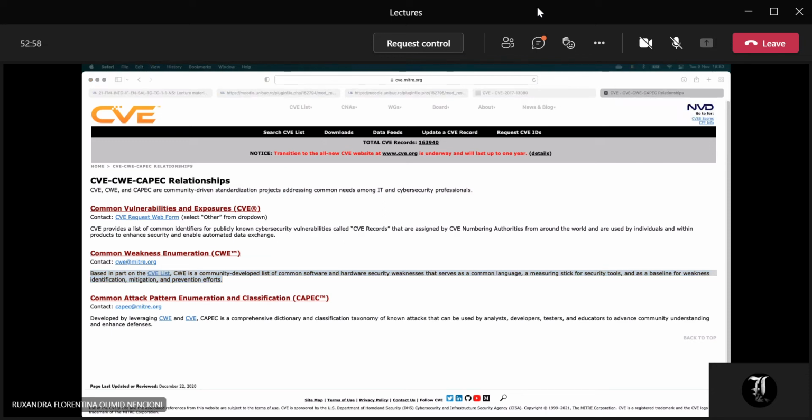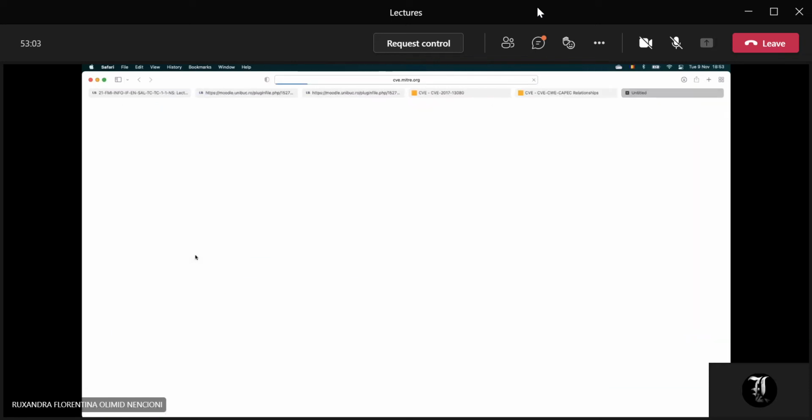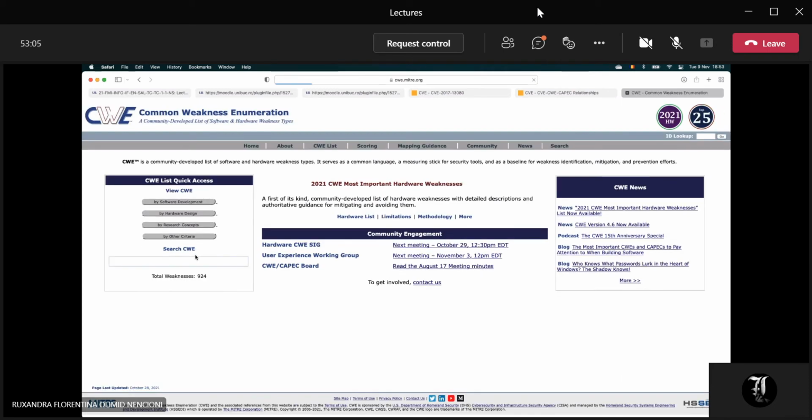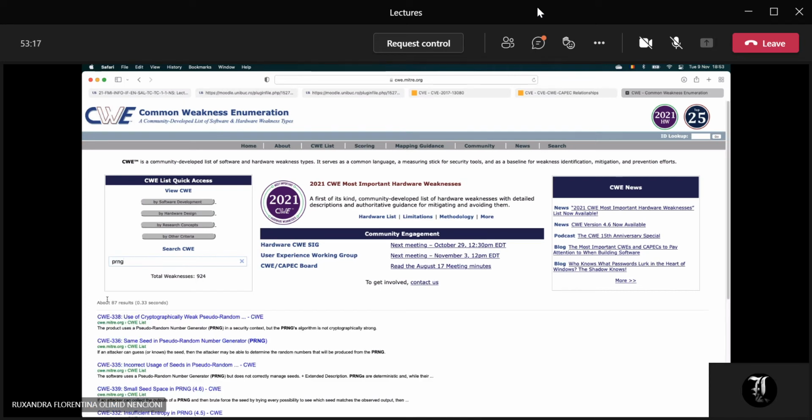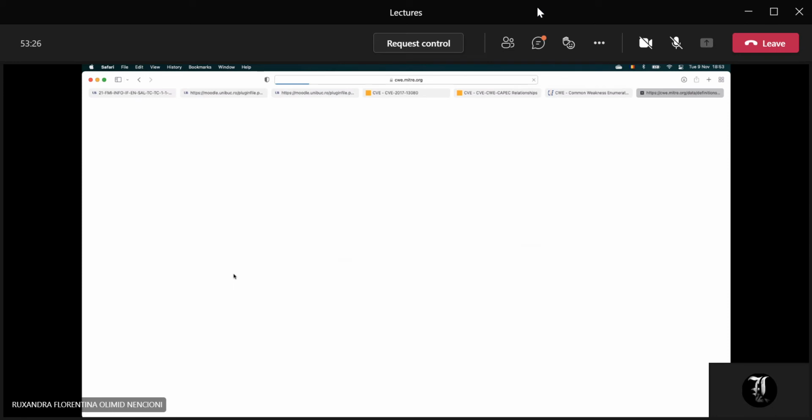I don't know, just to give an example, you can just go there and search, and you will see a lot of nice stuff, no? So for example, if I want something about the PRNG, because we were talking about this one, the small seed space, okay?